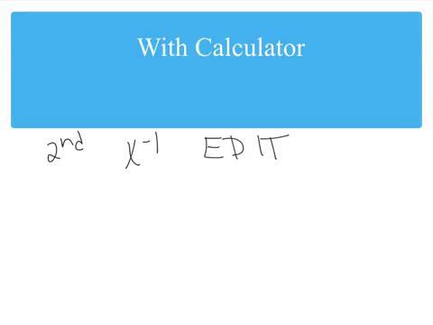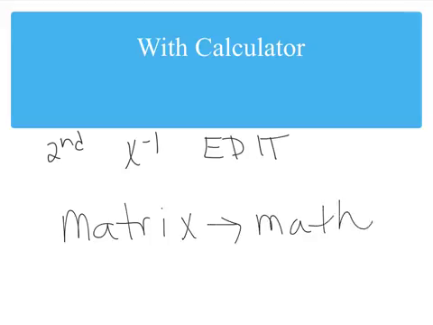Once your values are in, again, you're going to select matrix. And then you're going to move over to math. And you're going to choose the one that's B colon rref with the parentheses in the display. You're going to tell the calculator which matrix you're located in.